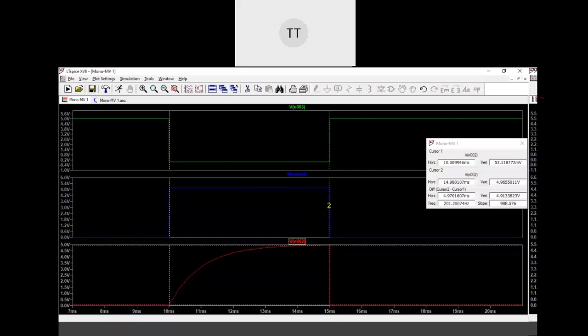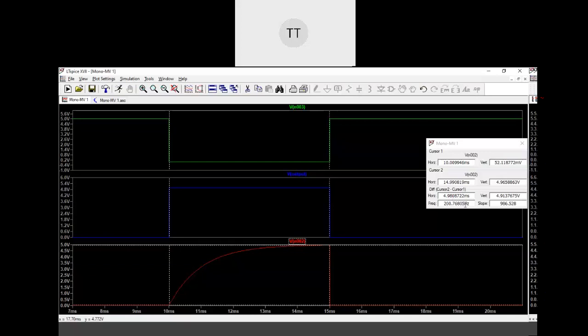Is it 5 milliseconds? But what was your expectation? You expected a 916 microsecond pulse width for the output of your monostable, but you are getting a 5 millisecond output. It is purely because you are not applying a proper trigger signal.